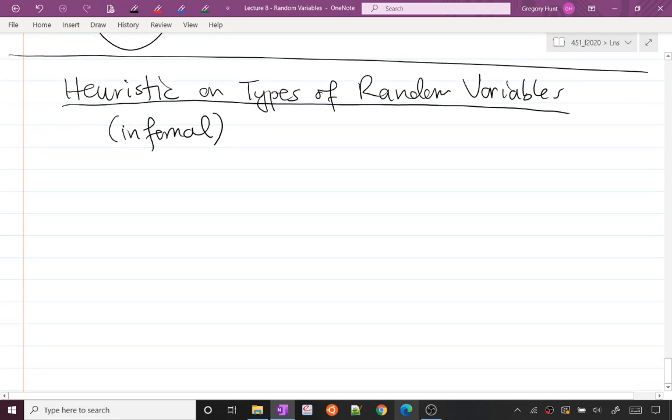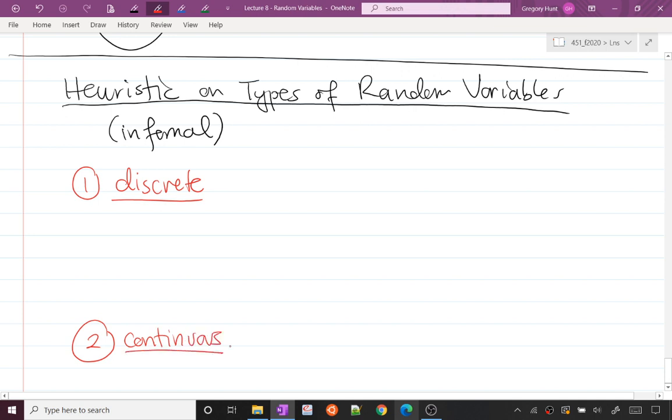There are a couple of types of random variables people talk about. One is a discrete random variable, and the second major type is continuous. There's a third type, which is a mixture of the two, that we will not talk about. Black sheep of the family, don't want to talk about it.